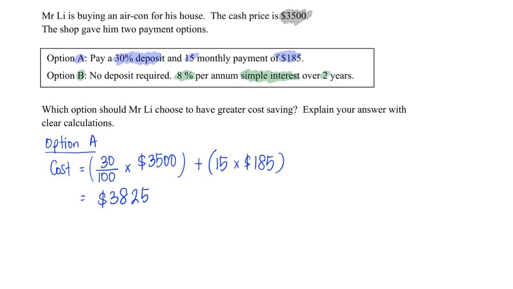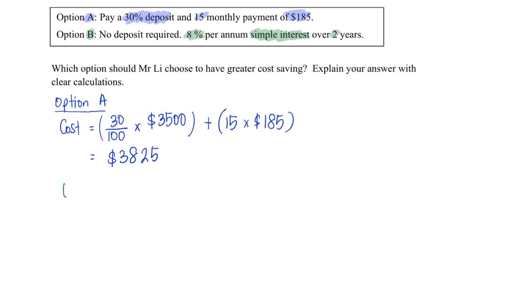So for option B, the cost will be equal to the interest, which is 8% of the price of the aircon, for 2 years.